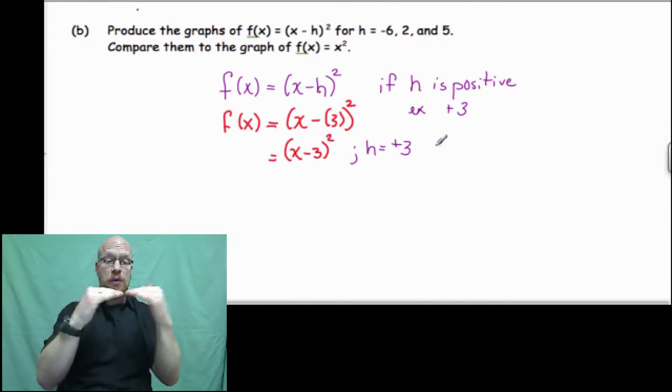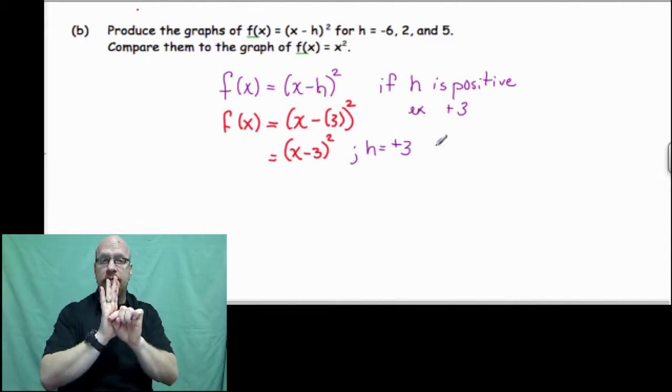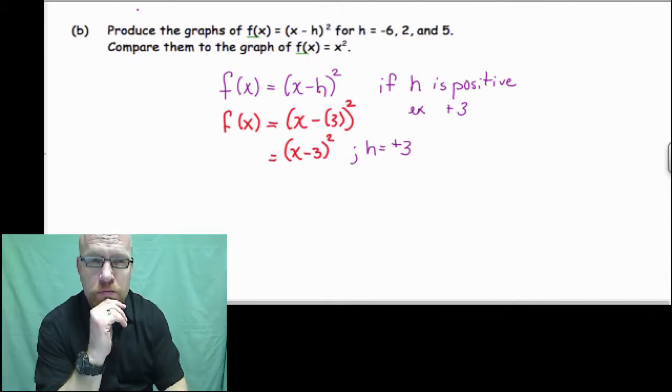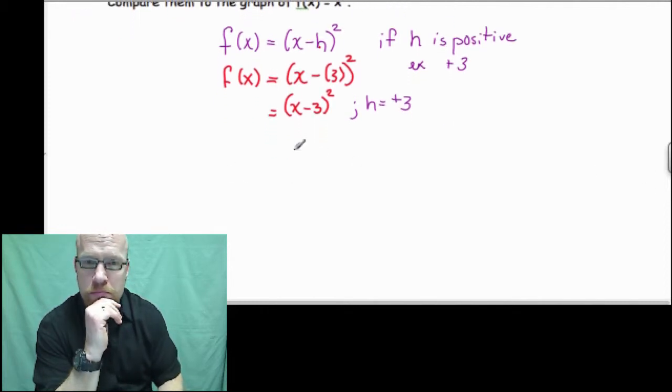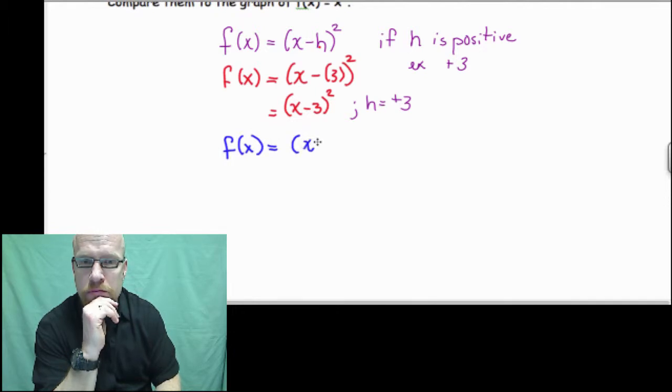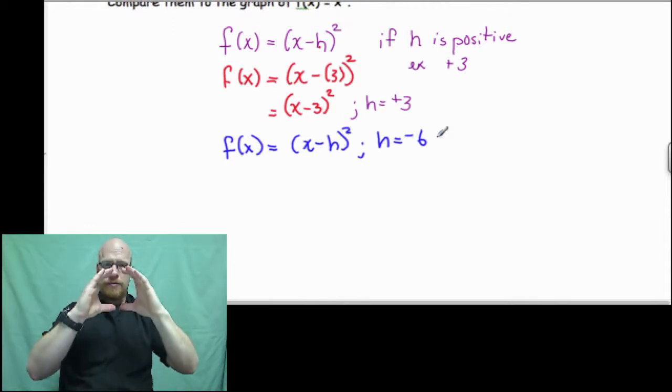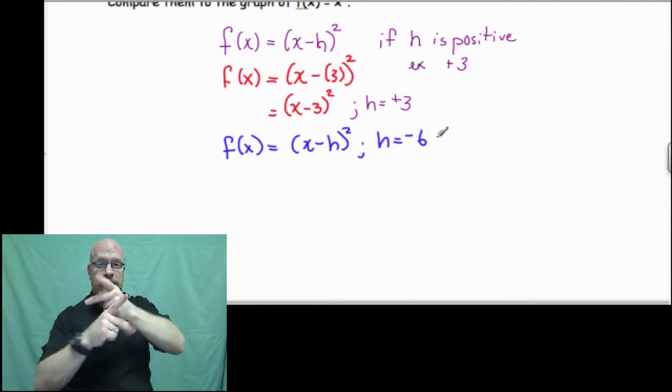Our next example is even more important as we see that. If we have h as a negative number, maybe negative 6, like we have here, we'll see what happens. So now, h is like a box, a placeholder.